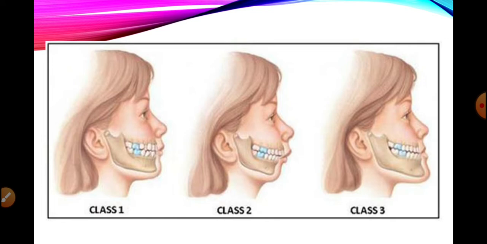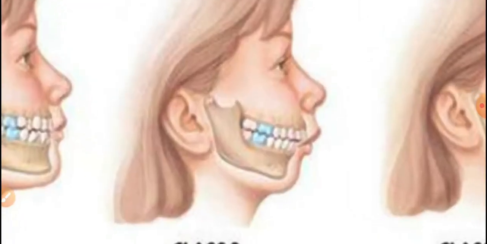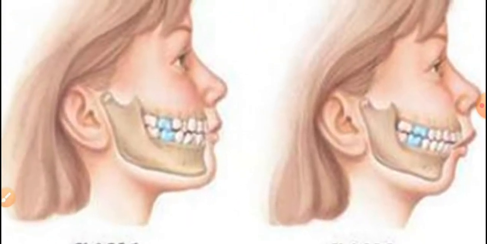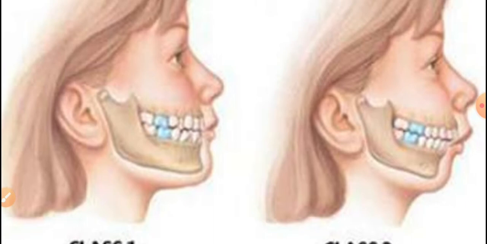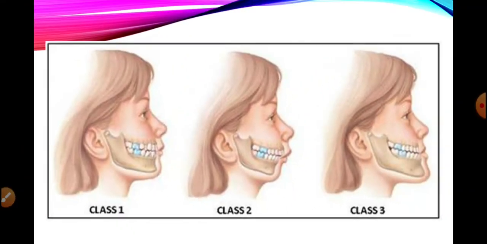When we call it skeletal Class 1, Class 2, Class 3, we are talking about the jaws, maxilla and the mandible. As we have studied earlier, in skeletal Class 1, the patient usually presents with a harmonious face, a balanced face, with a straight facial profile.